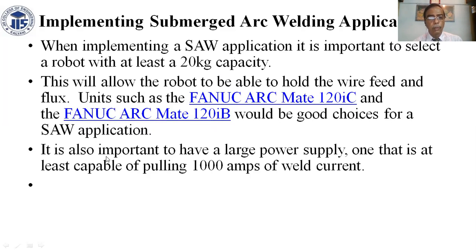It is also important to have a large power supply, one that is capable of at least 1000 amperes of weld current. So implementation of submerged arc welding by robots gives high productivity and good welding results.